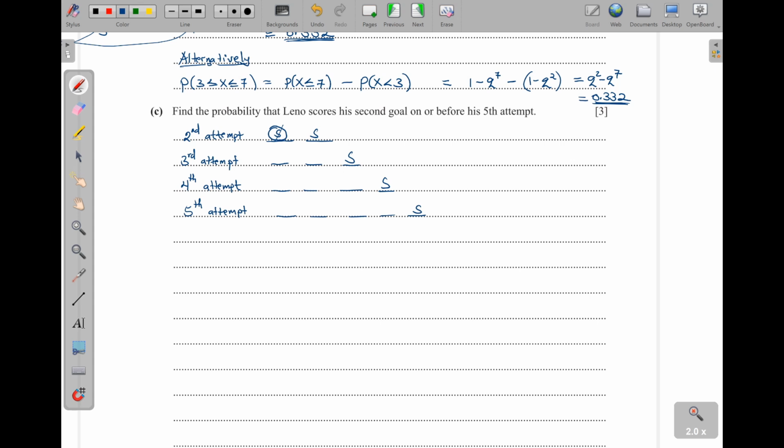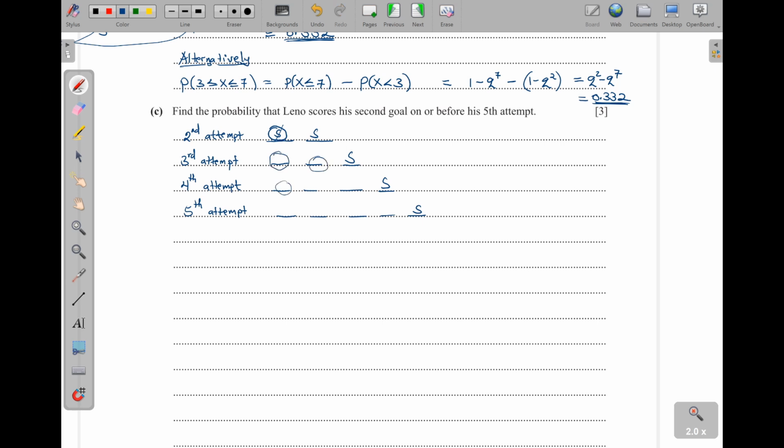So let me use the combinations here. Here there are 2 attempts, but only one is for the goal. That is where he scores the goal. And then here there are 3 attempts. There is 1 goal, and then the rest are failures. Then in the 4 attempts here, there is 1 which is a success, and then the 3 are failures. Remember, the goal can come on the first attempt here or on the second attempt.